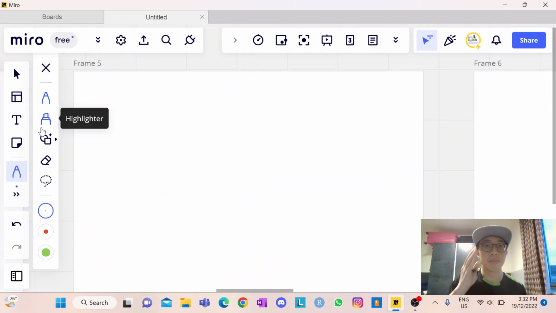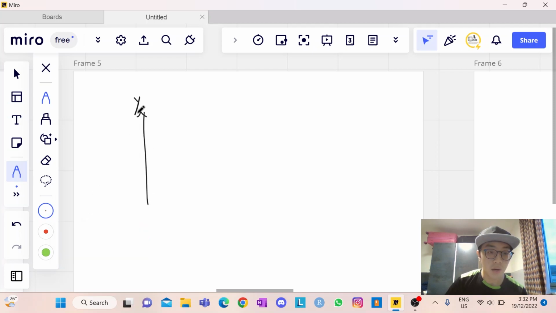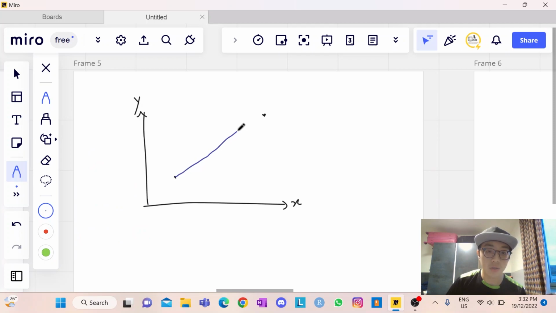Midpoint is the point in the middle between two lines, such that from the previous example right here, y and x, we have one point here and one point here. So when you draw a straight line here, oh no, this is not straight. Okay, I have an idea. Straight line right here, okay?